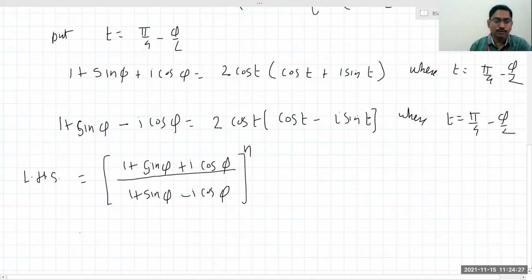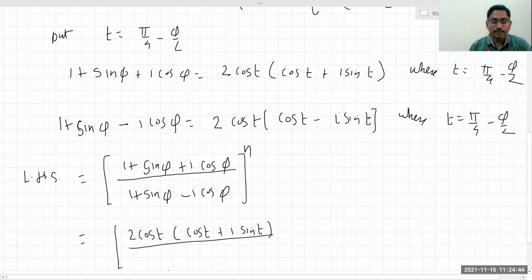In the last step we'll put what t is. So the numerator is 2 cos t times cos t plus i sin t, divided by 2 cos t times cos t minus i sin t, raised to n. These two are common things that I can cancel.